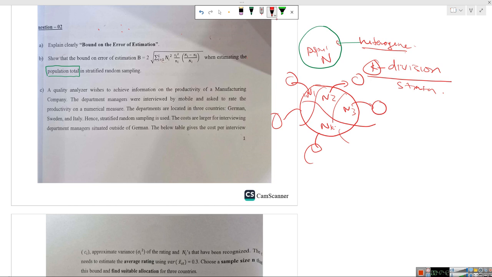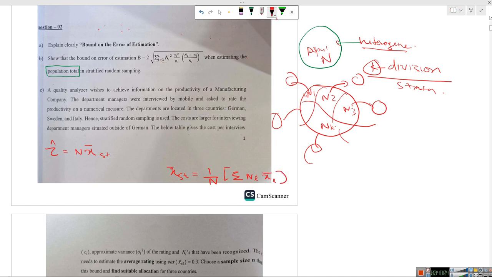Now what you want to show is this population total. Before finding the population total, tau hat is equal to N x bar stratified. Now x bar stratified is equal to 1 divided by N summation Ni xi bar.